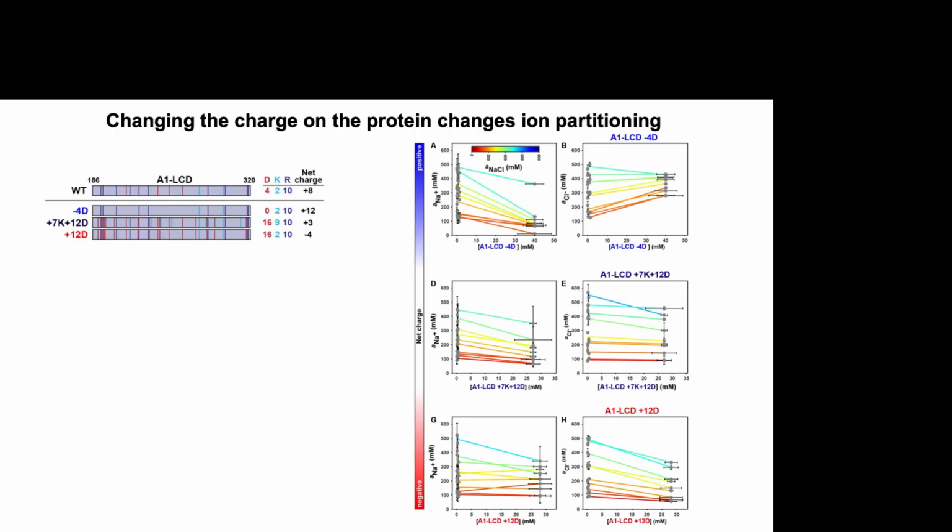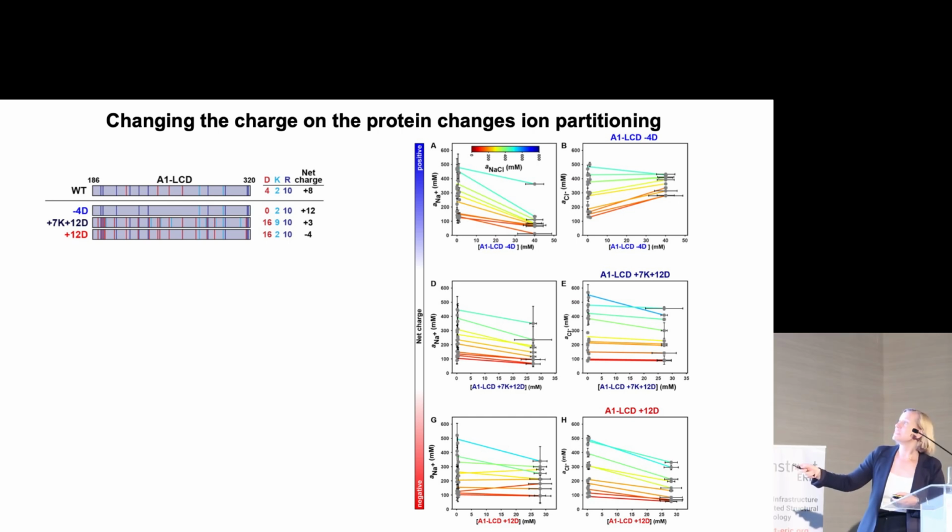We can play around and change the charge on our proteins. And we have something that's even more positive, and of course we see the same, that we have sodium depleted and chloride partitioning into these dense phases. If we go to a protein version that has basically zero net charge, we see that there's relatively little incorporation of these ions into these dense phases.